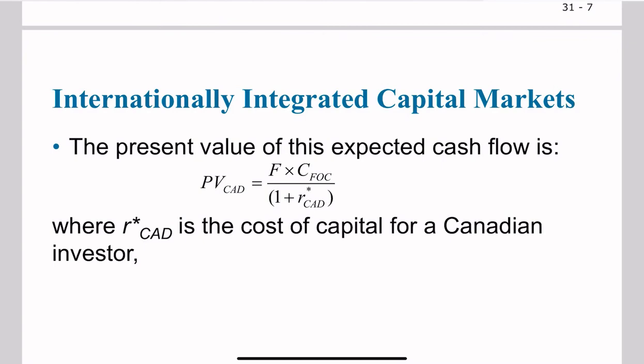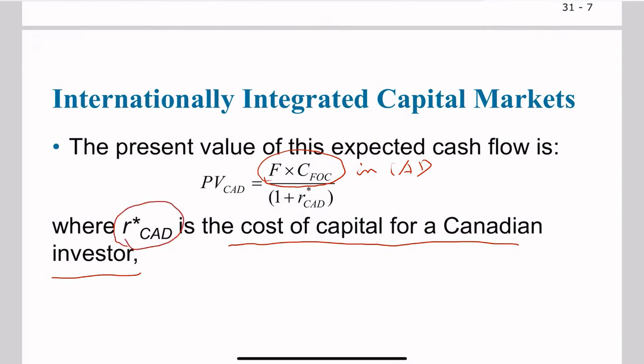So in this case, if you look at this denominator, it is in Canadian dollars. So to discount it, we should use the cost of capital for a Canadian investor, right? So in this case, we use R_CAD to refer to the cost of capital for a Canadian investor.